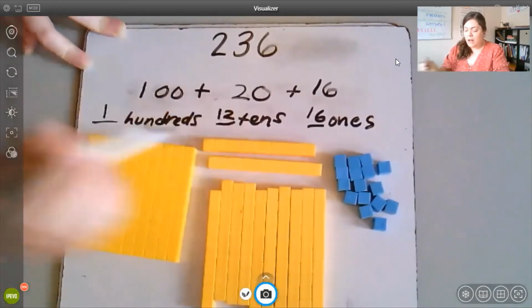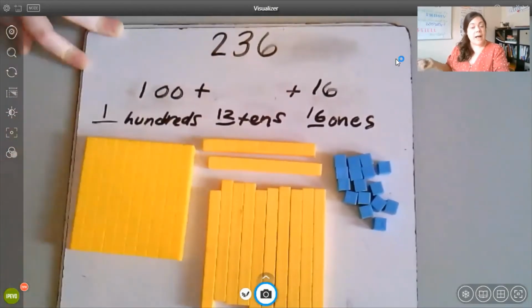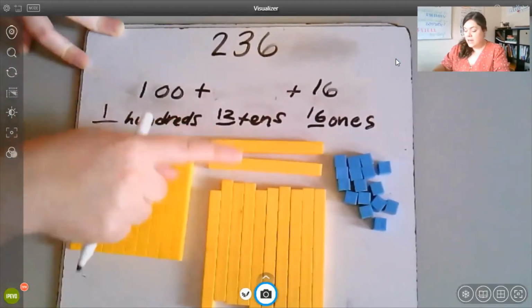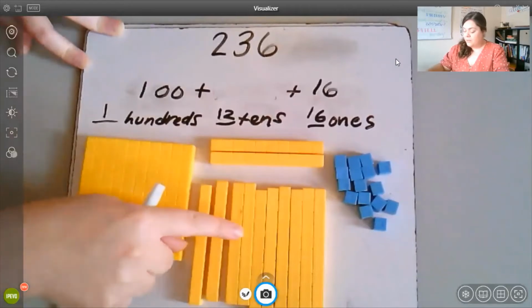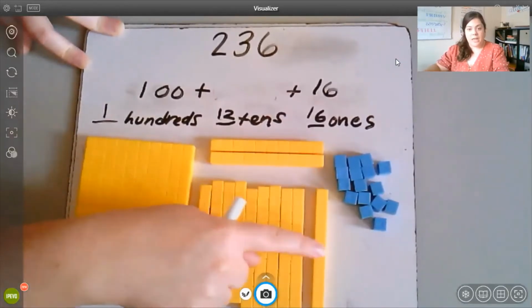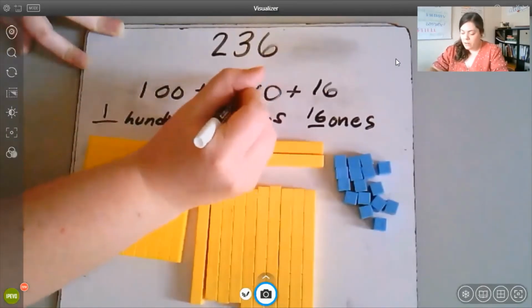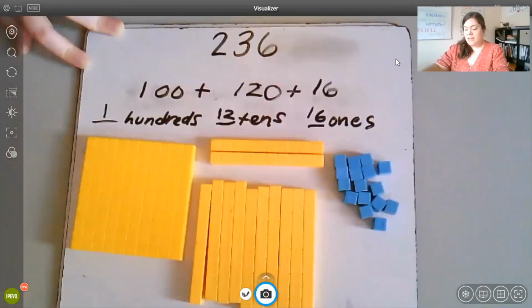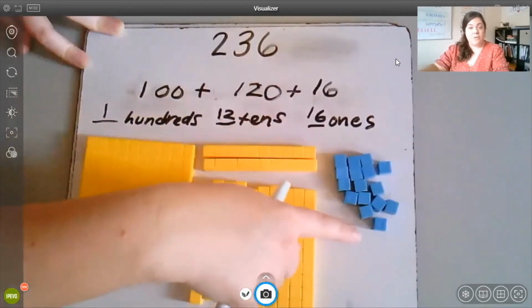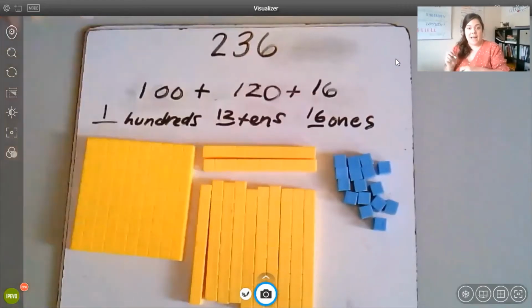I have 12 tens, and I need to figure out how much that equals, so I can count by tens. 10, 20, 30, 40, 50, 60, 70, 80, 90, 100, 110, 120. All right. Did I change anything with my ones over here this time? No. So I can leave 16 by itself.